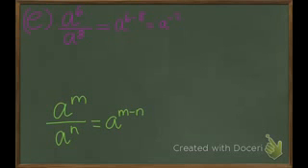What I mean by this is a to the power of minus 2 as a fraction is a to the power of minus 2 divided by 1. So if we flip that over, we have 1 over a to the power of minus 2. But because we found its reciprocal, we can get rid of that negative power. So we have 1 over a to the power of 2, or a squared. Okay, let's look at f.